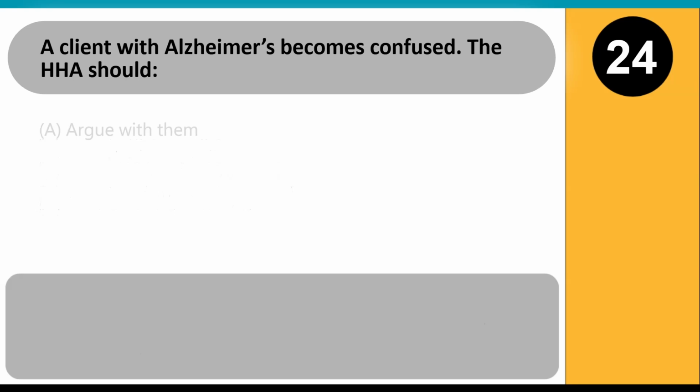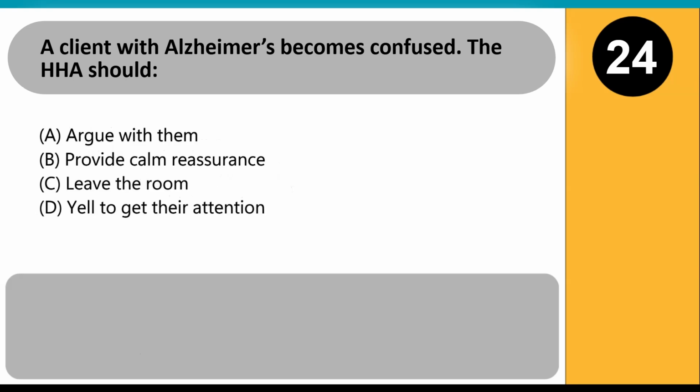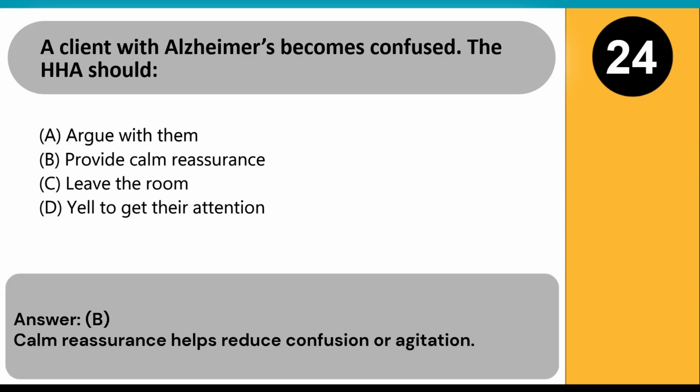A client with Alzheimer's becomes confused. The HHA should: A. Argue with them. B. Provide calm reassurance. C. Leave the room. D. Yell to get their attention. Answer: B. Calm reassurance helps reduce confusion or agitation.